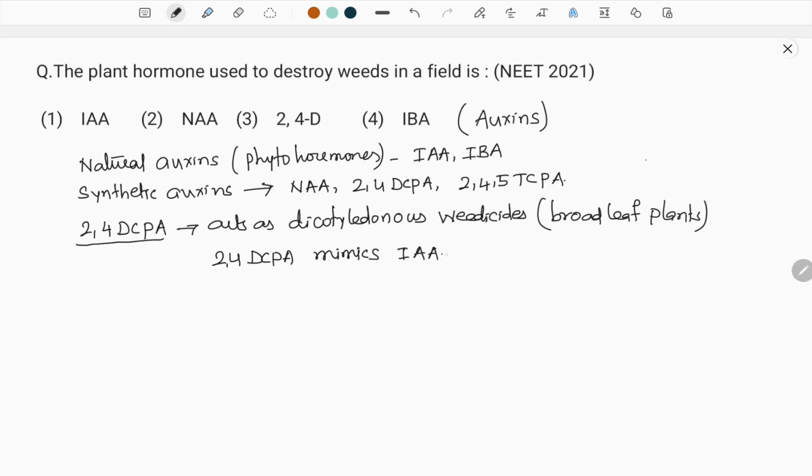What is the main function of IAA? IAA or GA, gibberellic acid, both cause cell division. The growth promoting hormones include IAA, GA, and CK for cytokinins, GA for gibberellic acid, IAA for indole acetic acid.